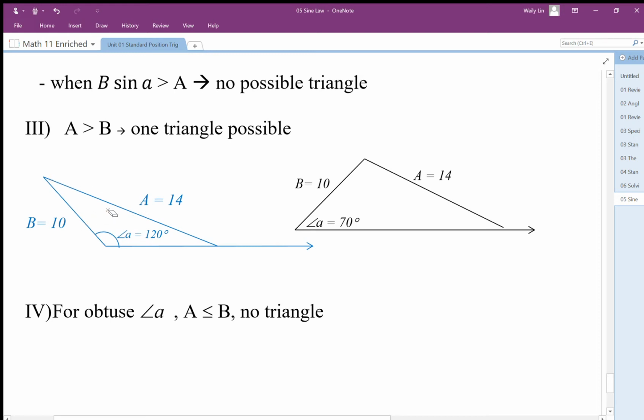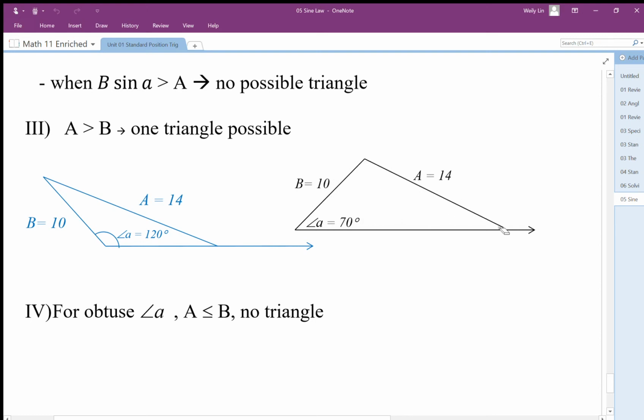Again, angle side-side, but this is a special case because we can only make one triangle, regardless of whether it's obtuse or acute. Notice that we cannot rearrange this side a to make a second triangle. It's impossible.